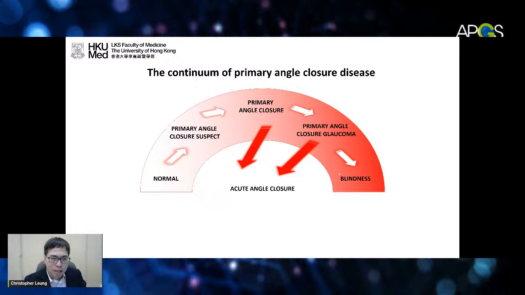From the elevation of intraocular pressure because of this progressive increase in the ITC, to the development of peripheral anterior synechiae, and ultimately, if the pressure is high enough, long enough, the optic nerve will degenerate. This is the spectrum we're talking about.